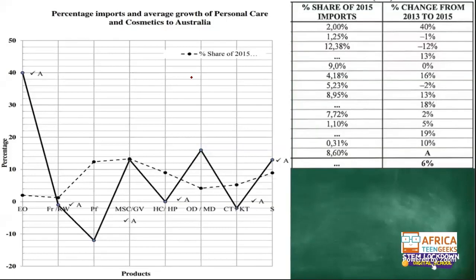So now, this is how your graph would come out after you've plotted all your points. You plot them, and then you join the lines together because it is a line graph. After plotting your various points, you will join your lines. And you can see here that the mark allocation is shown for the correct plotting.